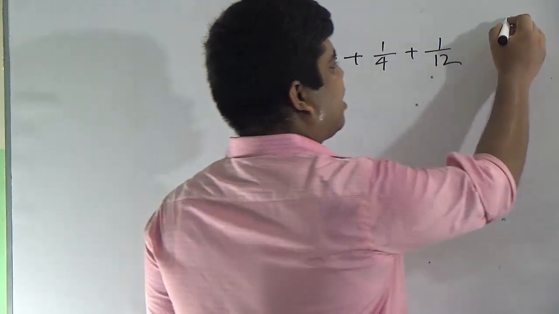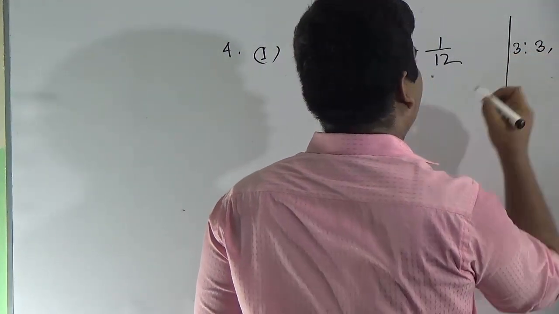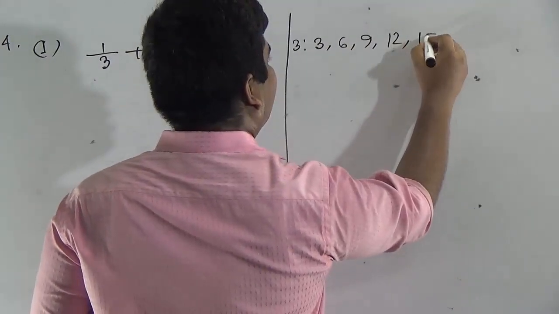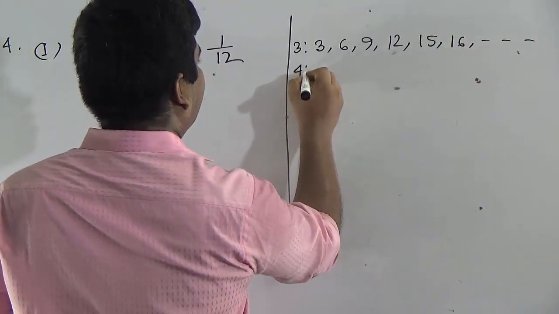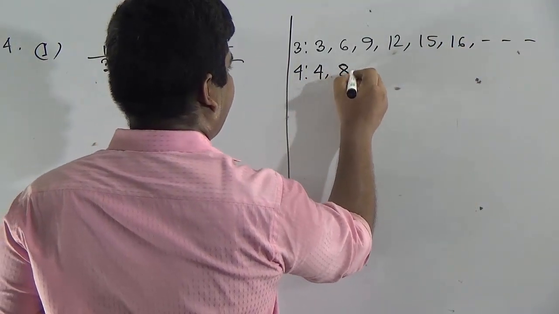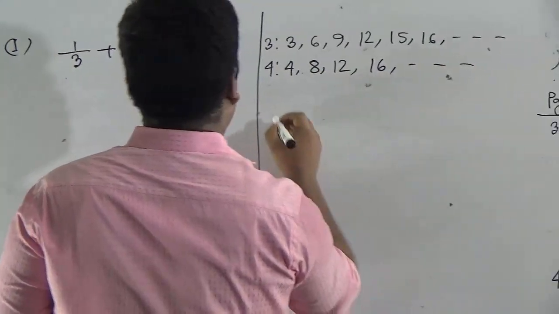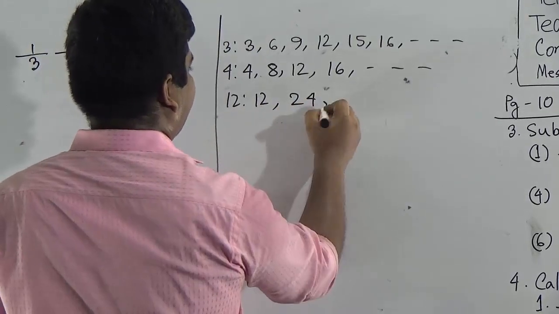We use the same multiples method. That means 3, 6, 9, 12, 15, 18, dot dot dot. Here 4: 4 ones are 4, 4 twos are 8, 4 threes are 12, 4 fours are 16, dot dot dot. And 12: 12 ones are 12, 12 twos are 24, dot dot dot.